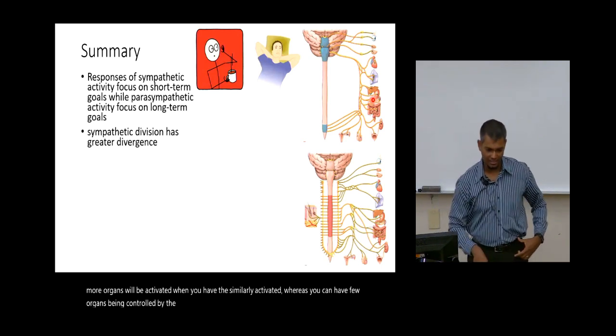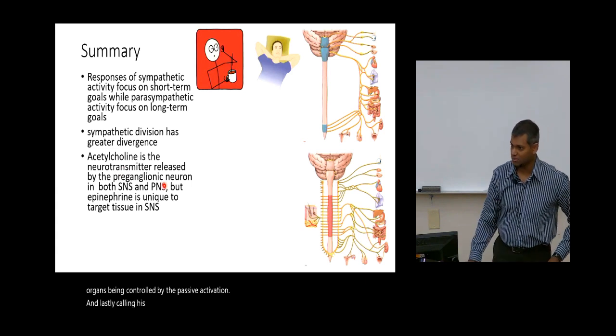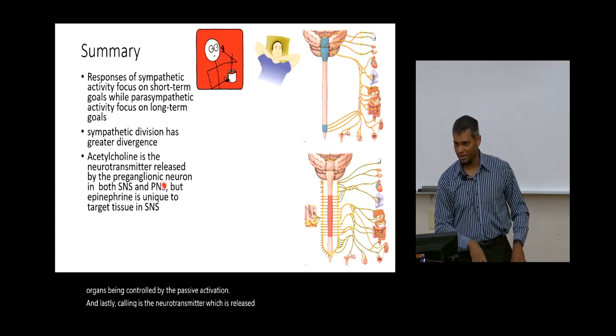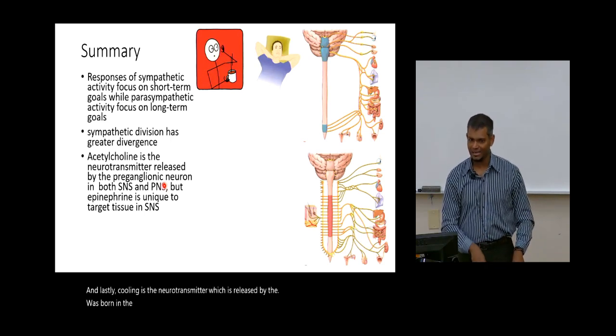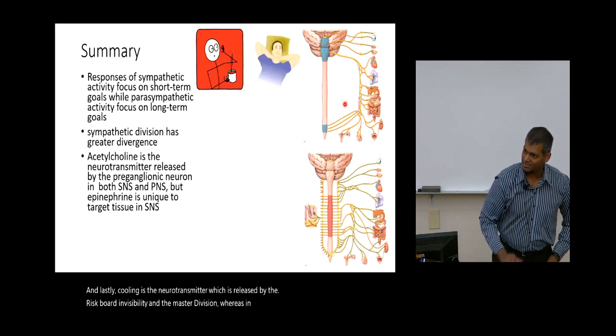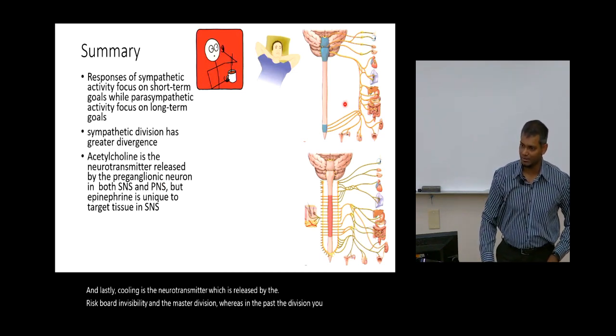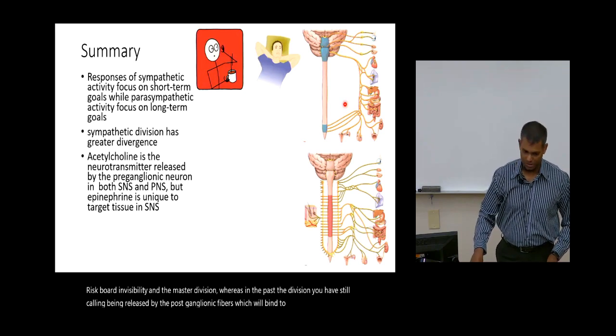And acetylcholine is the neurotransmitter which is released by the preganglionic fibers, both in the sympathetic and the parasympathetic division, whereas in the parasympathetic division you have acetylcholine being released by the postganglionic fibers, which will bind to G protein coupled receptors.